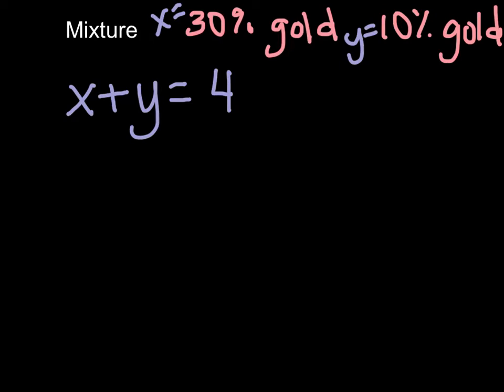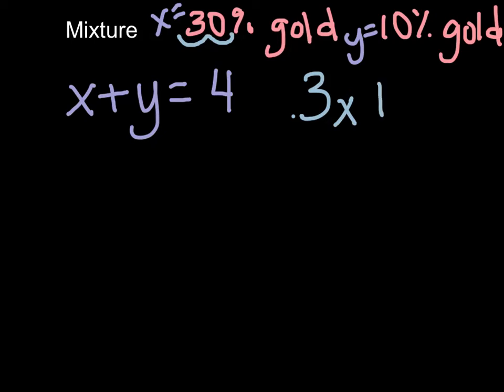And I hope you remember, but to change a percent to a decimal, I hope you're saying this out loud, all you do is move the decimal 2 places to the left. So if I move this 2 places to the left, it's the same thing as 0.3. So that would be 0.3 of x, because I still don't know how much of x I'm going to add, but I do know that 0.3 of it, 30% of it, is gold.